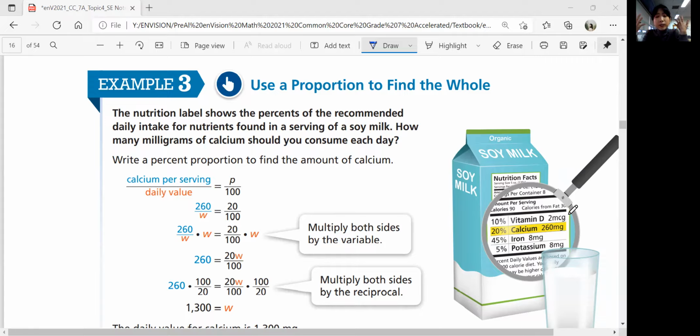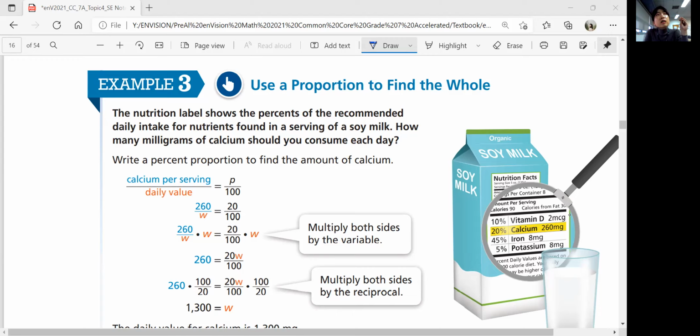You need 100% daily intake, right? So you're going to write a proportion using calcium per serving over the daily value, which you're trying to figure out. That's going to be our variable W, is equal to the percentage, which is 20 out of 100.